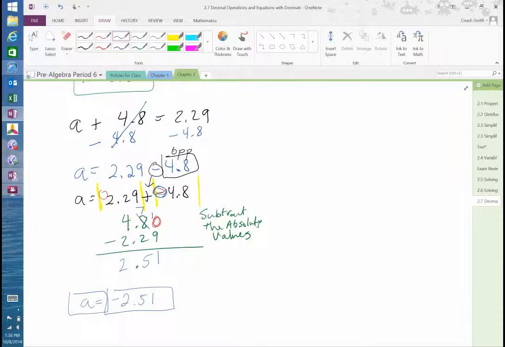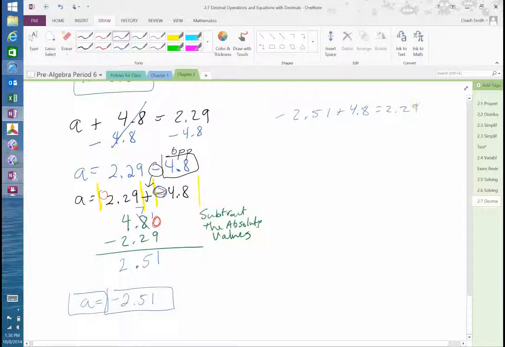And if you look at this, what they've said is that if I take a negative 2.51 and add it to 4.8, that's going to give me a positive 2.29. And if you check that, it should come up to be this right here.